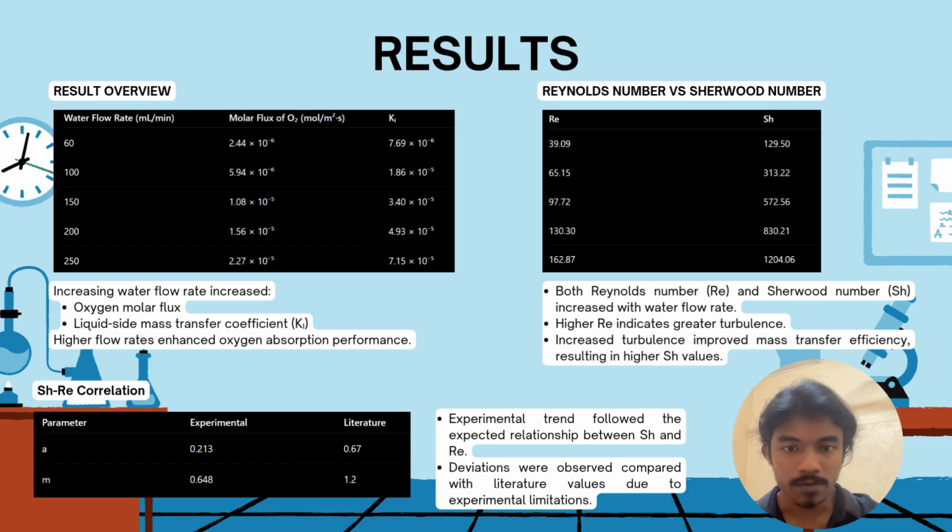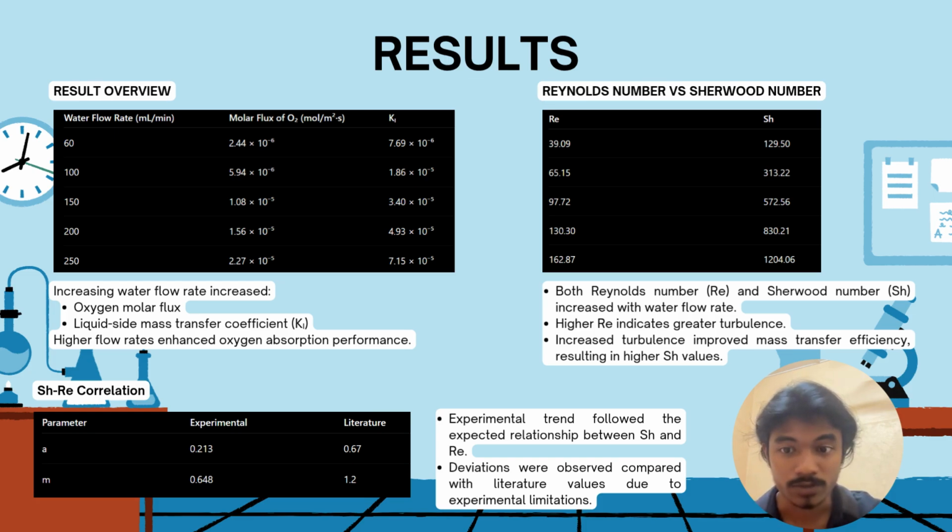At the same time, the liquid side mass transfer coefficient k also increased from 7.69 times 10 to the power negative 6 to 7.15 times 10 to the power negative 5. This shows that increasing the water flow rate enhances oxygen absorption performance because higher flow rate improves mixing and reduces mass transfer resistance.